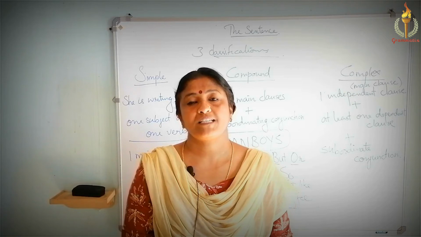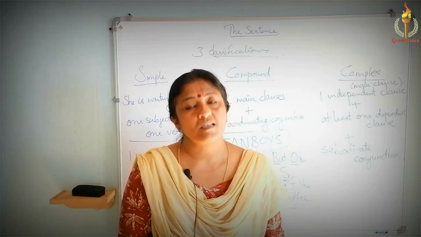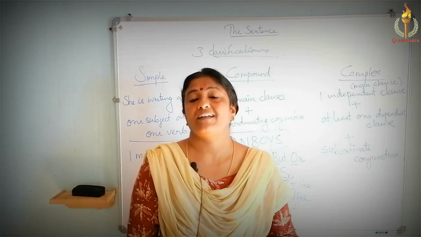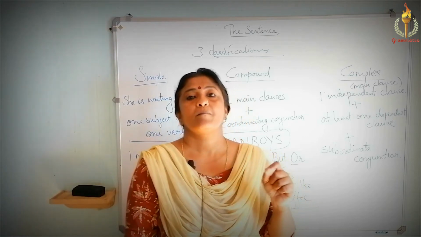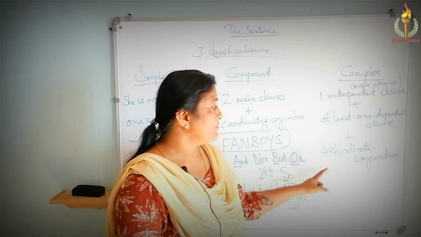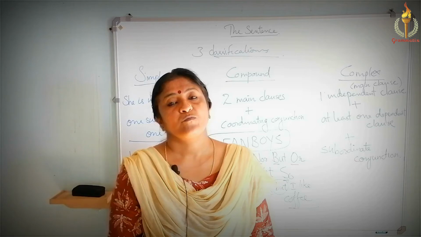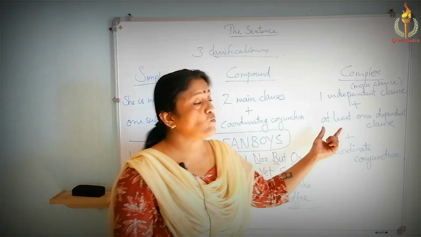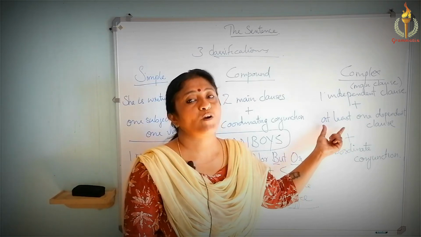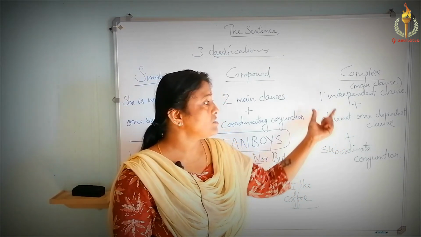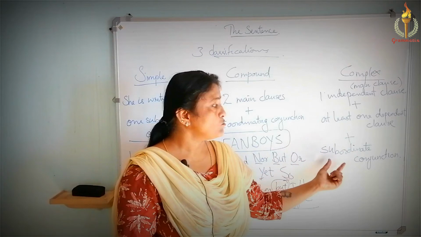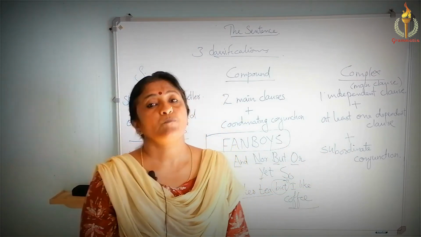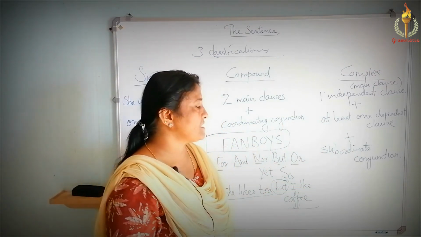So what do you mean by complex sentence? One main clause plus at least one dependent clause joined by a subordinate conjunction will give you a complex sentence. So at least one dependent clause should be there. You can have one or two, but one main clause, at least one dependent clause joined by a subordinate conjunction will be giving you a complex sentence.